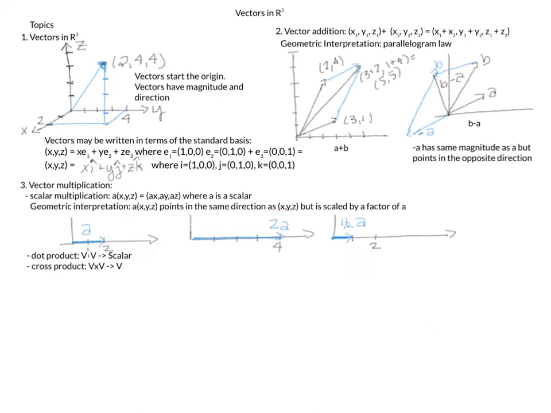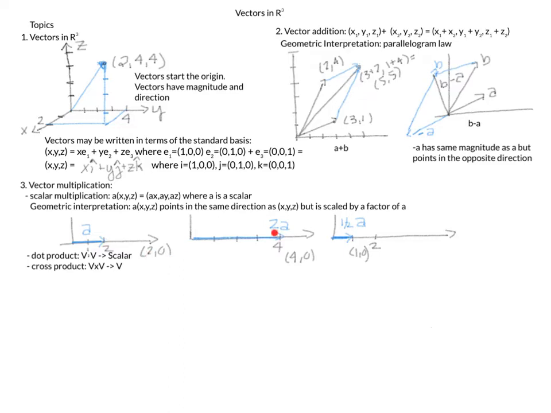What a does is it scales by a factor of a, which is probably why they call it scalar. It's something that scales your vectors. Geometrically, if we have a vector a and it points in the positive x direction, so this vector is the vector 2, 0.